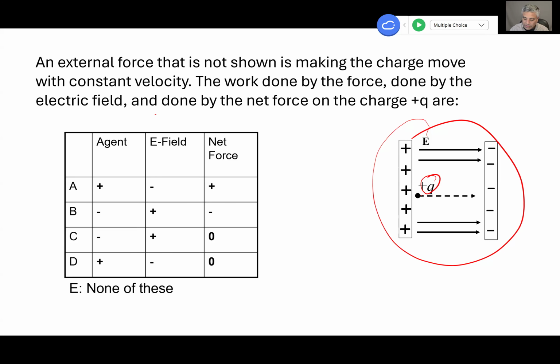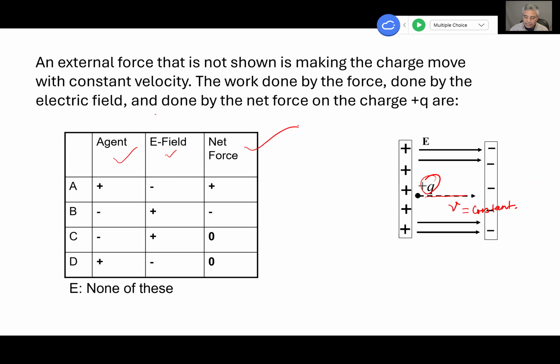There is a positive charge. This charge is moving with constant velocity here. Here it's just the sign, not the values. So which choice matches the correct combination of work done by this, that, and the net force, okay?